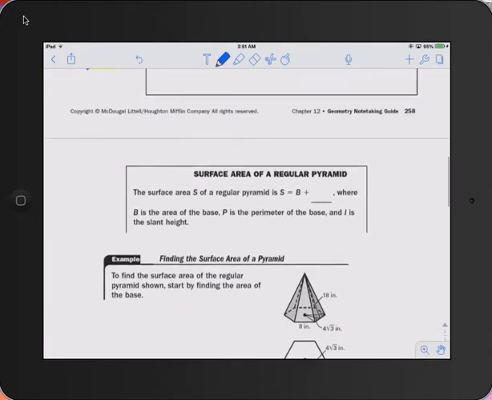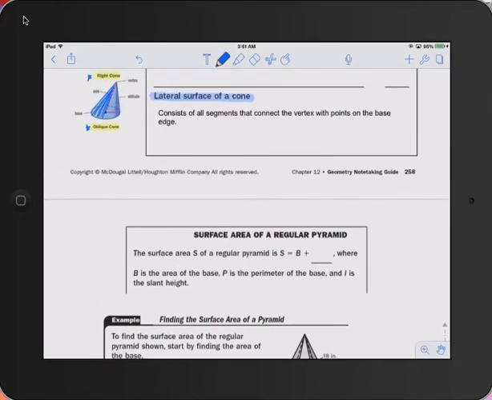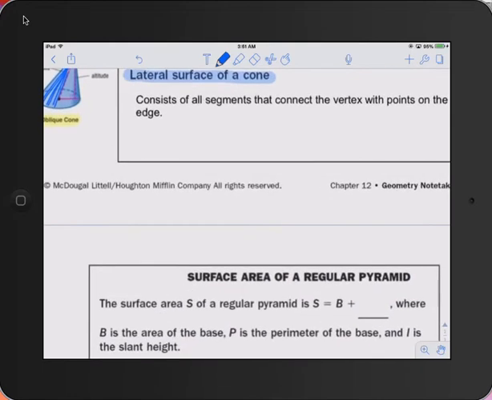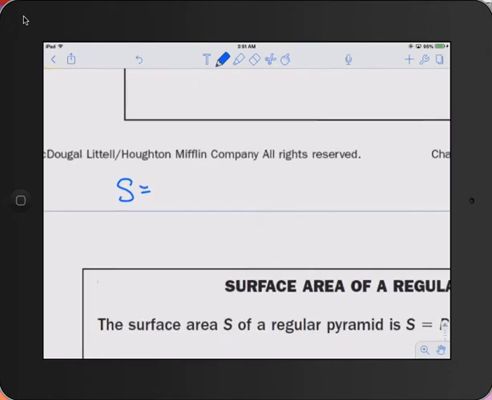Okay, so the surface area for a regular pyramid. I want to derive this so that it makes sense for you. Surface area. Now, a pyramid only has one base, right? So its surface area is going to be one base plus the lateral area.